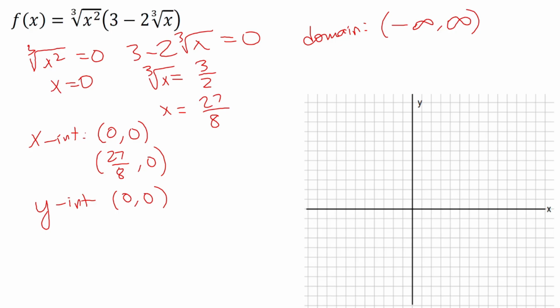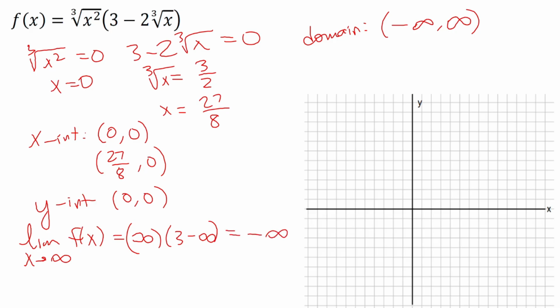So we should look at what the limit as x approaches infinity is and what the limit as x approaches negative infinity is. So the limit as x approaches infinity is going to end up being negative infinity, right? Because we end up with a positive infinity times 3 minus infinity, which is negative infinity.